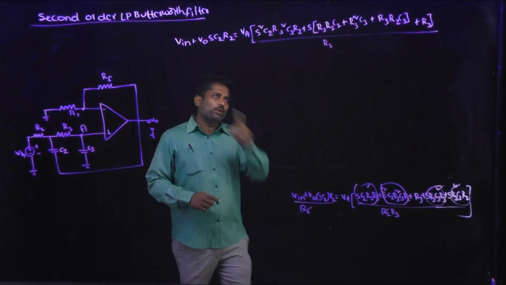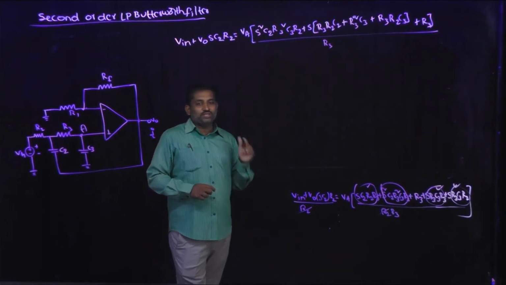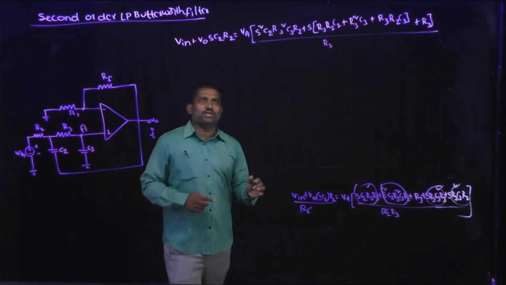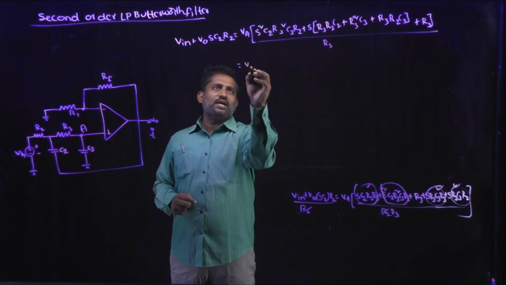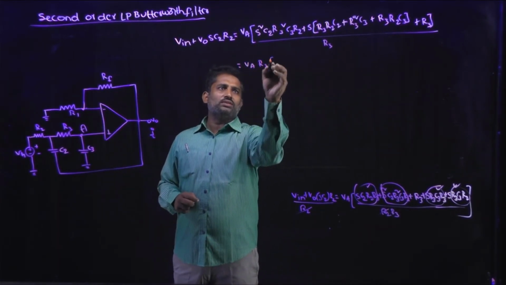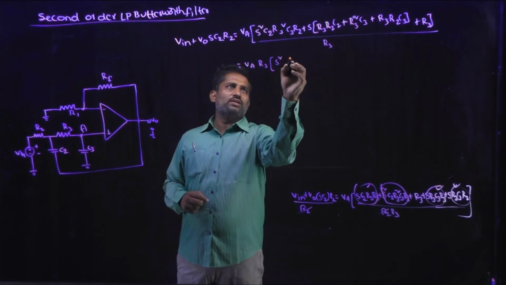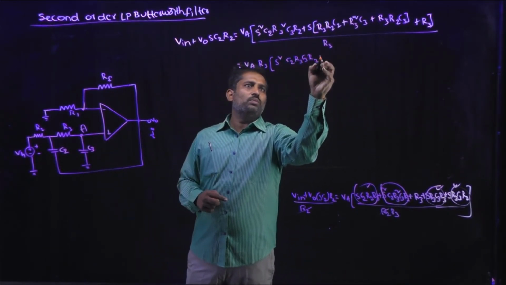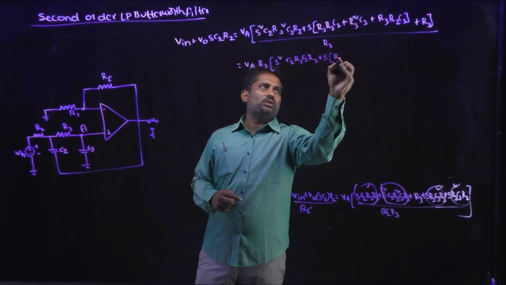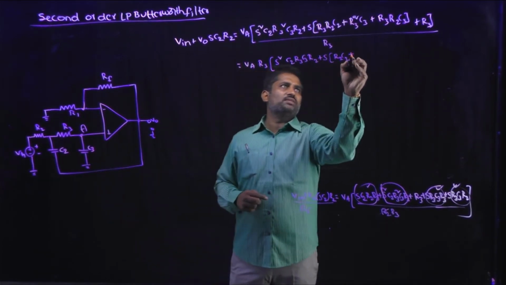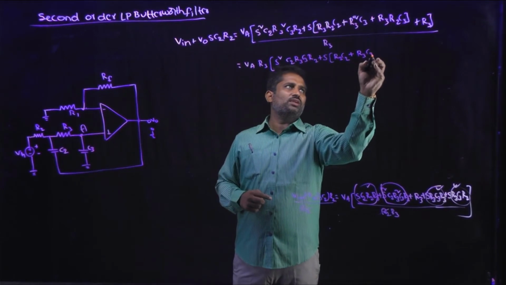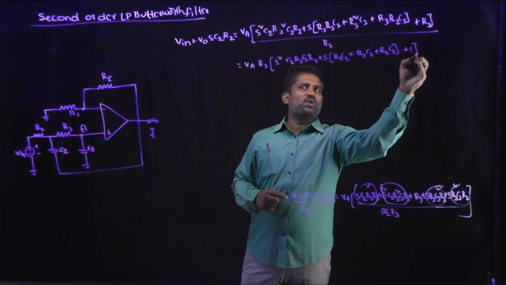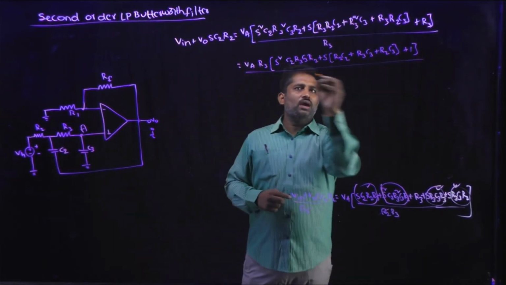If you observe this expression, each and every term consists of R3, so take R3 common. Then you will get VA into R3, which is S square C2 R3 C3 R2 plus S into (R2 C2 plus R3 C3 plus R2 C3) and then plus 1, divided by R3.